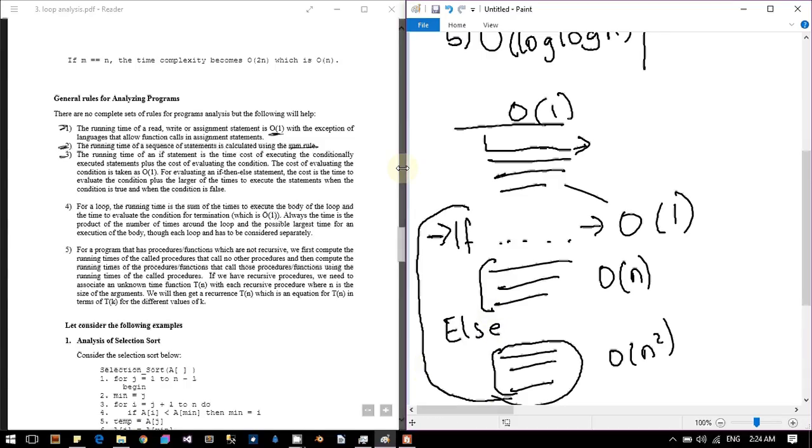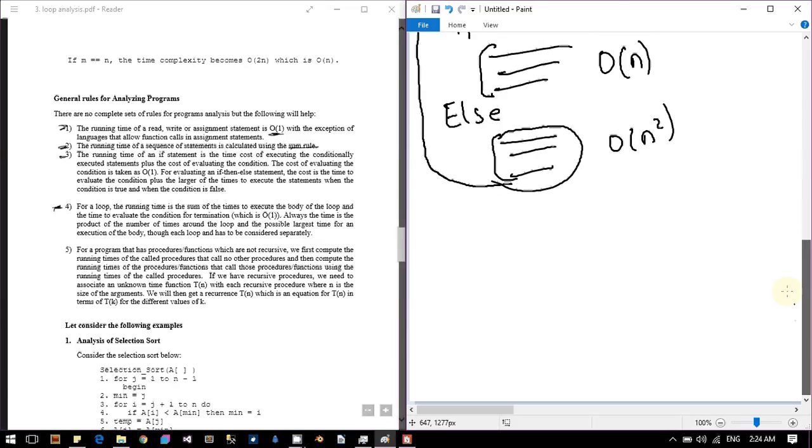Now the fourth rule says that for a loop, the running time is the sum of the times taken to execute the body of the loop and the time taken to evaluate for termination.